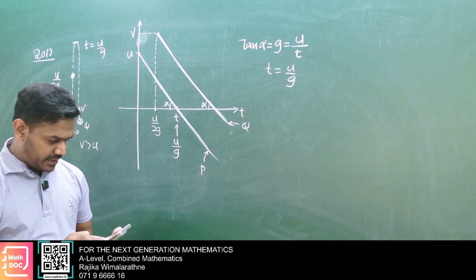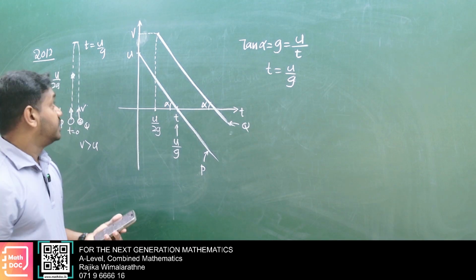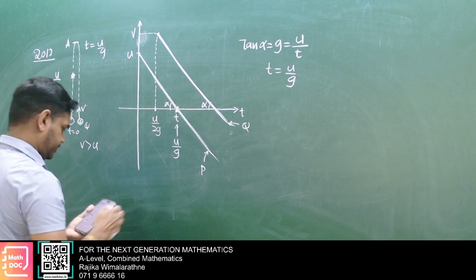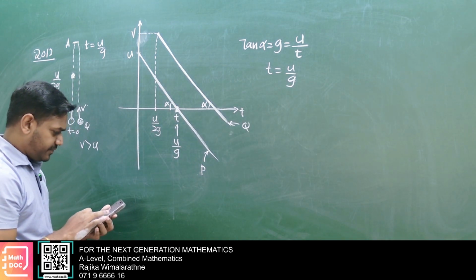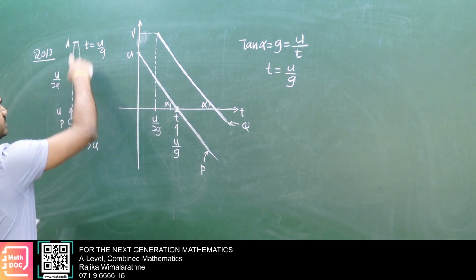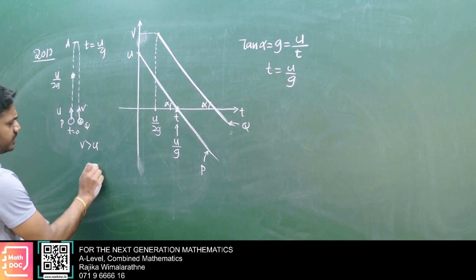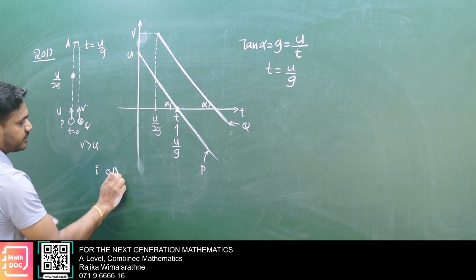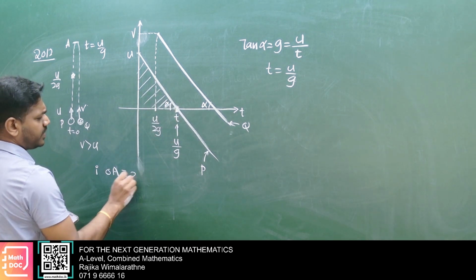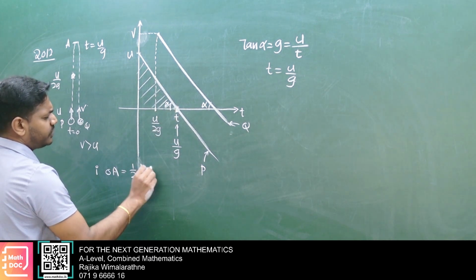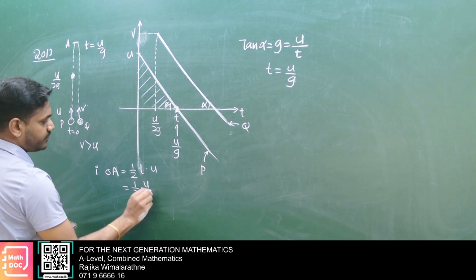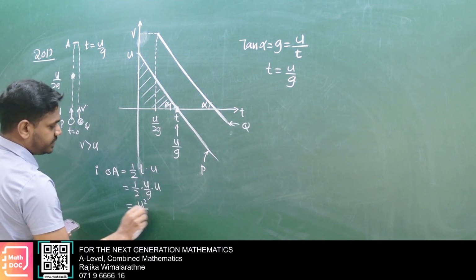Now see, it says let A be the highest point the particle P reaches. Here let the highest point be A. Draw the VT graph. Using the VT graph, we have to show OA. OA means maximum height, no? Therefore, first, OA is represented by this shaded area, half into T into U. T means U over G, then U squared over 2G.